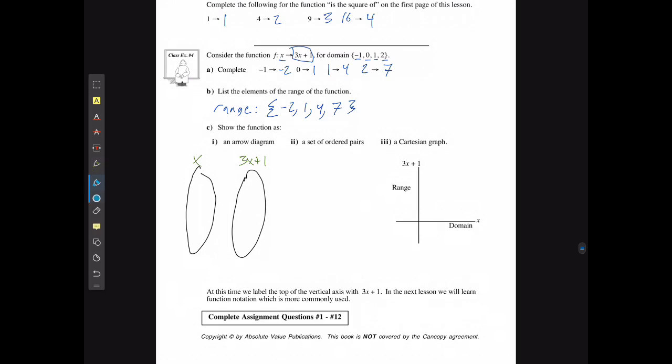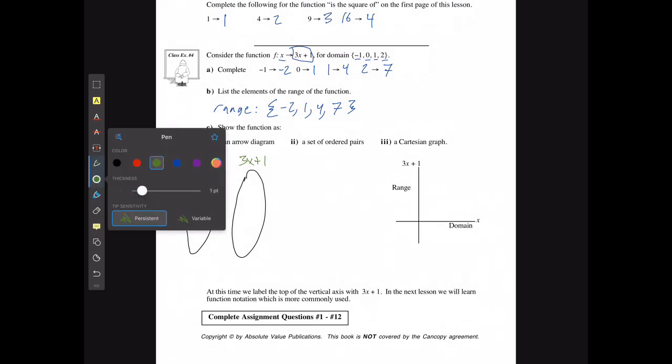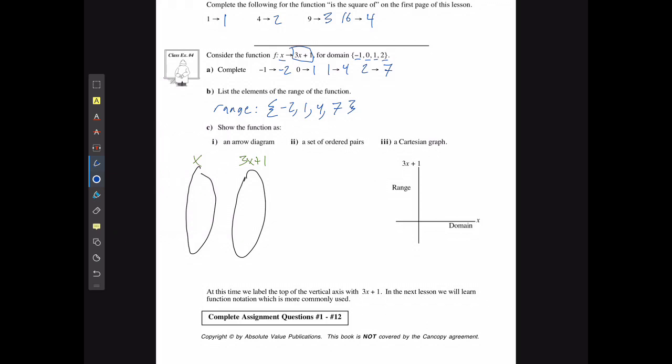The x values that I actually used were -1, 0, 1, and 2. The y values that I got are all my range values, -2, 1, 4, and 7. And these are going to connect straight across, where every one is going to be attached to only one element.